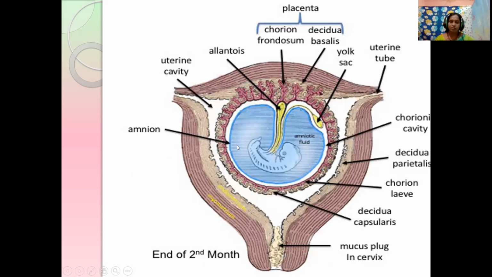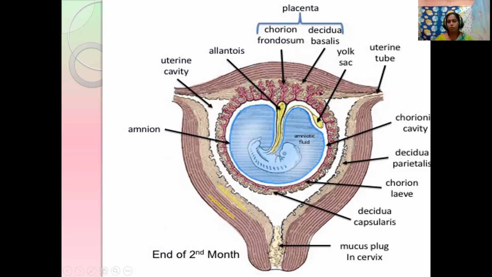Here this is the amnion. This is the innermost layer, and it has amniotic fluid. This protects the embryo from mechanical stress. Next comes the yolk sac. The yolk sac encloses the yolk. Next comes the chorion.